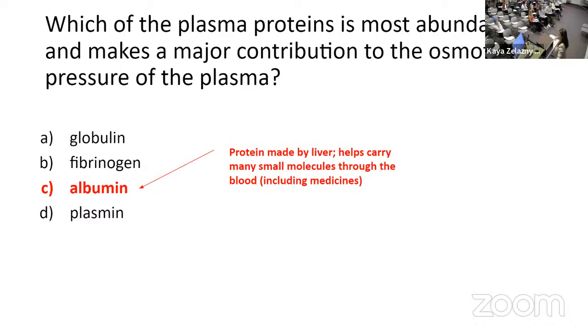So this is just a fun fact: the most prevalent protein in your blood, not biggest by size, is something called albumin. So if you're going to know the name of a protein, that would be a decent one to know. It's important in a clinical setting because it helps carry along a bunch of small molecules in your blood, including medicine. It's made by your liver.